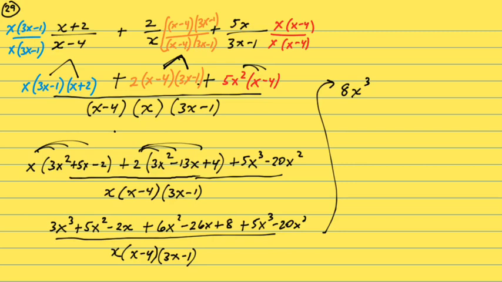How about x squareds? 5x squared and 6x squared, and then at the end, minus 20x squared. So 5 and 6 make 11 minus 20, I believe is minus 9x squared. Does that sound right? 11 minus 20 is negative 9.